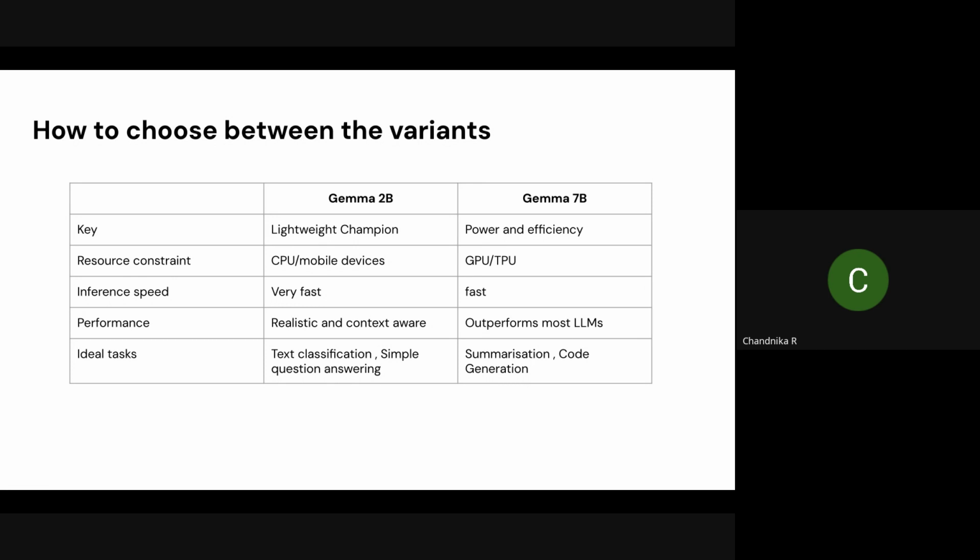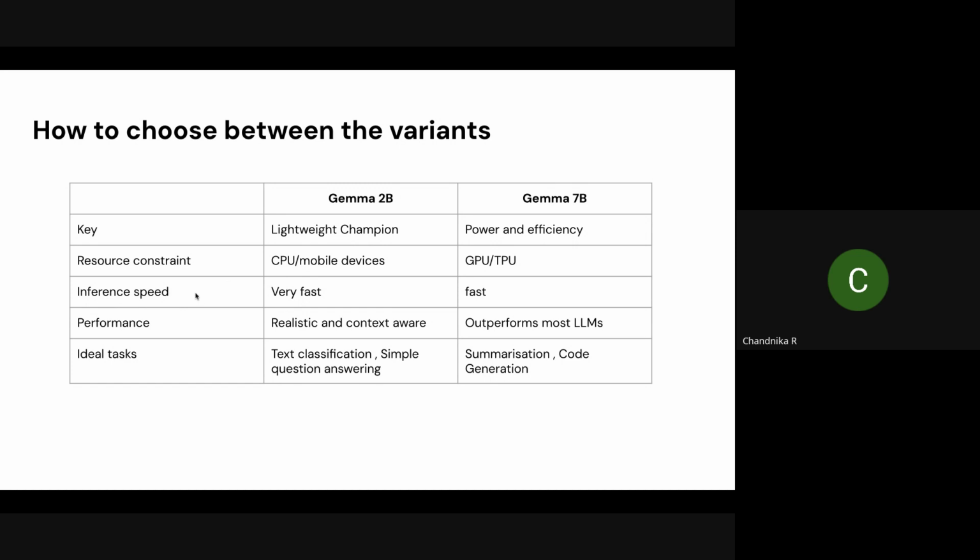Even Llama runs on CPU, but it takes a very long time. Got it. Also, the RAM requirement would differ for both, and I will touch upon that as well. But if we are expecting production level, GPU support is needed for faster inference for 7B.